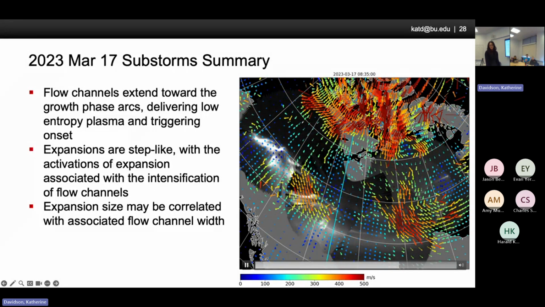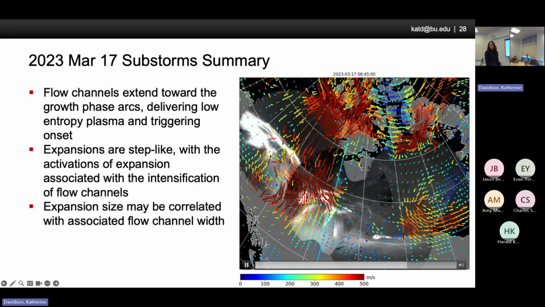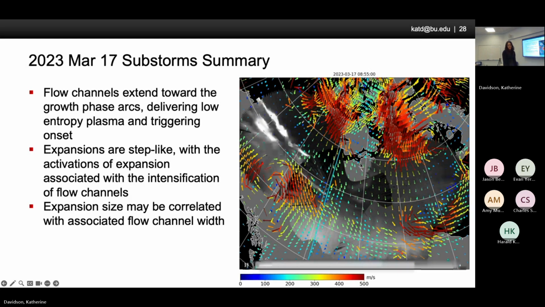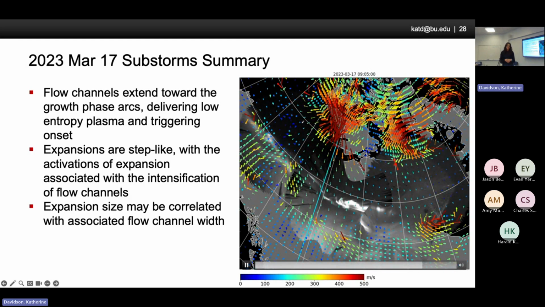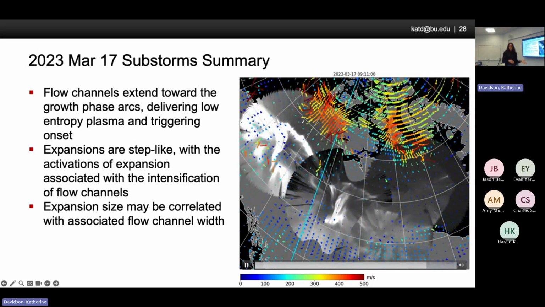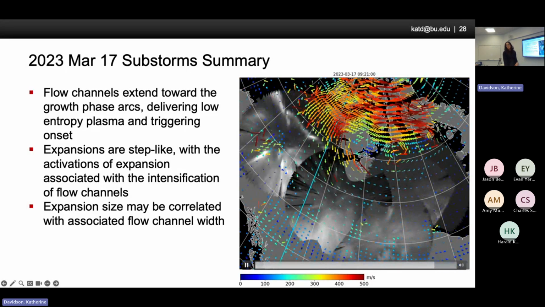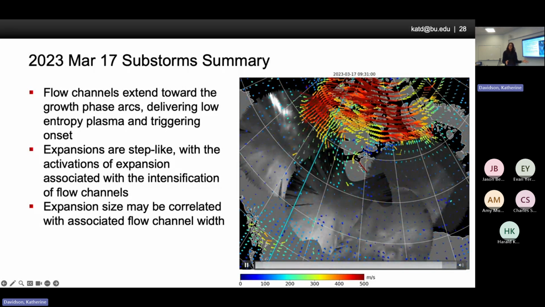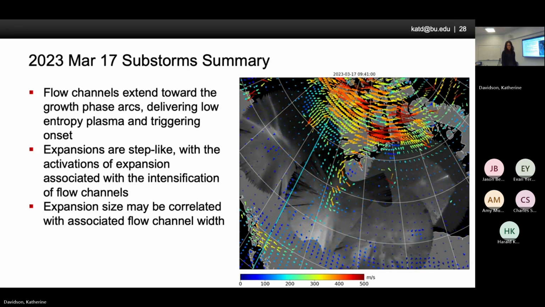There's onset for the second substorm, intense flows coming in, potentially driving this expansion phase. And then when those flows diminish, the expansion or substorm ceases. So again, the expansion size may also be correlated with this associated flow channel width, since the second substorm was more expansive and had more intense and a wider flow channel.